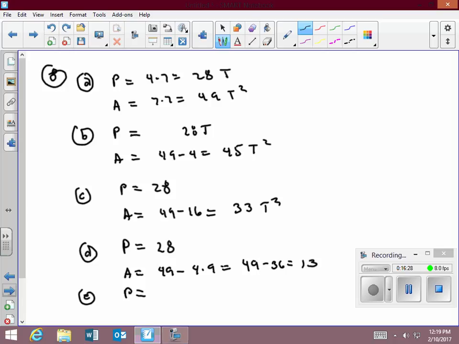M toothpicks on the side, 4 times M. And the area is going to be M squared minus the corners.